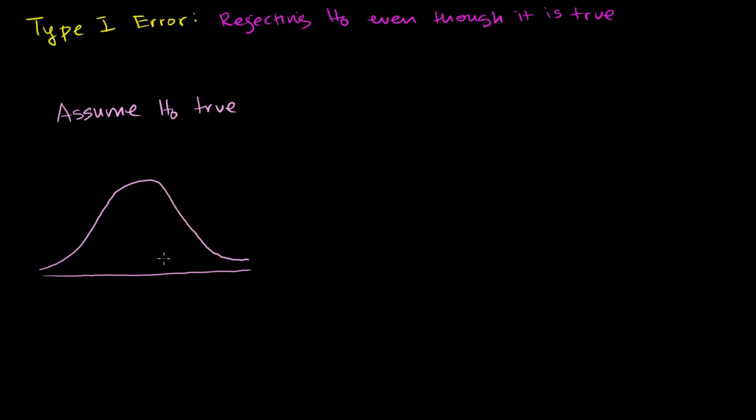So we create some distribution, assuming that the null hypothesis is true. It normally has some mean value right over there. And then we have some statistic. And we are seeing, if the null hypothesis is true, what is the probability of getting that statistic, or getting a result that extreme or more extreme than that statistic?